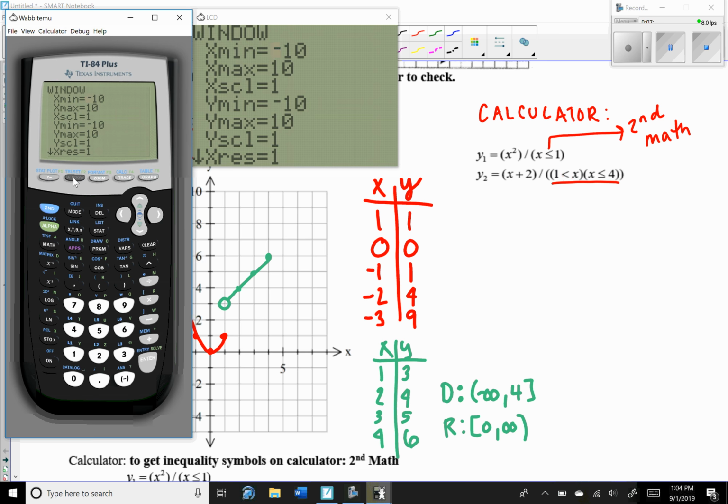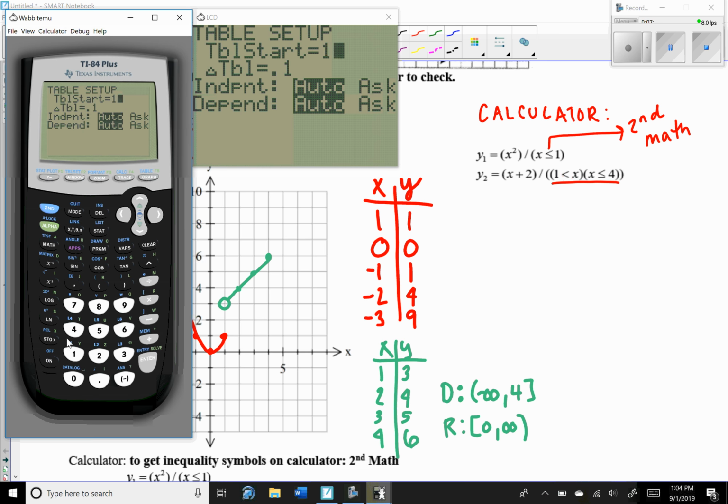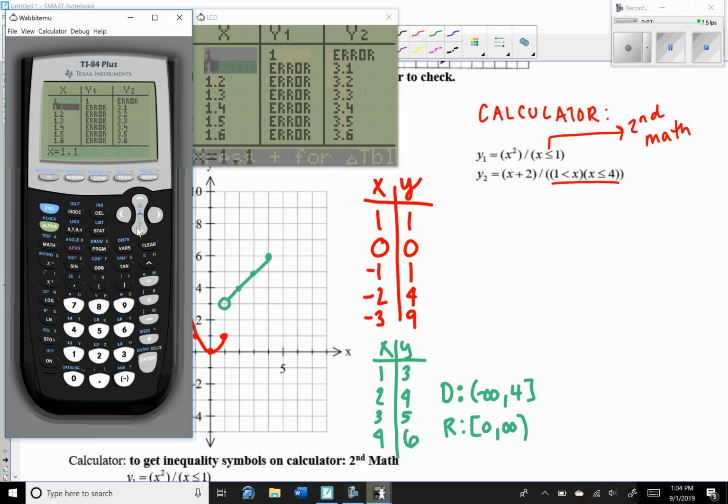So second window, we're going to start our table start at 1, so I don't have to scroll through all those values. Now you can see, even though at 1 we have an error because it's an open circle, we have 1.1, 3.1, 1.2, 3.2. So if you didn't know that this is an open circle and these values are here, you might miss it. So that's why, again, it's good to know how to do this by hand.